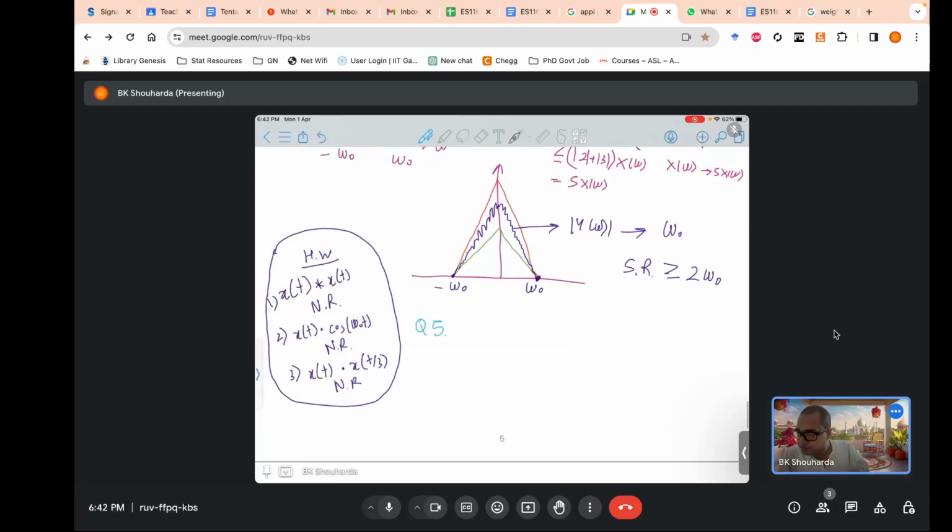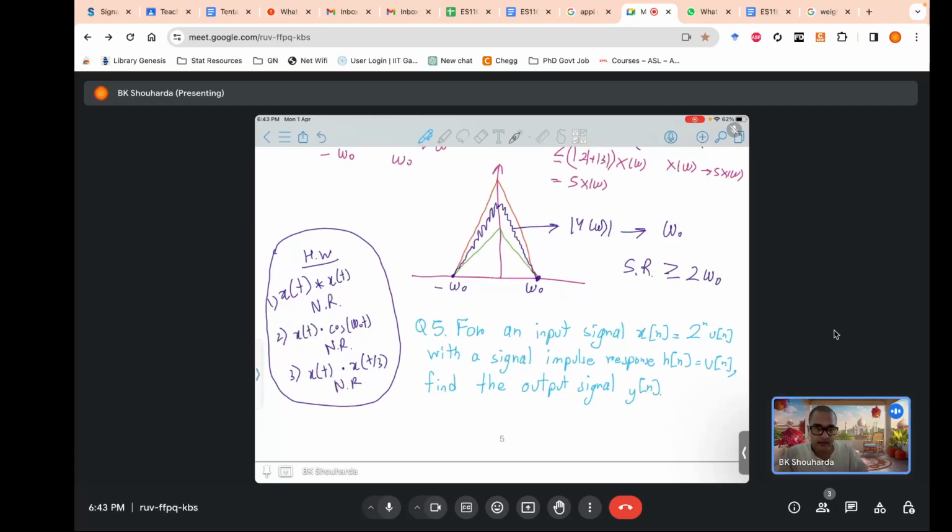Question 5. For an input signal x of n equals 2 to the n u of n, with a signal impulse response h of n equals u of n, find the output signal y of n.